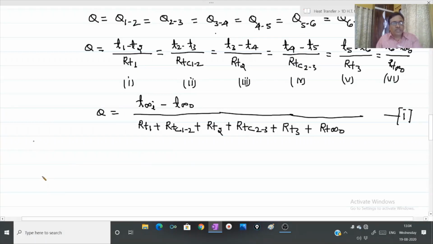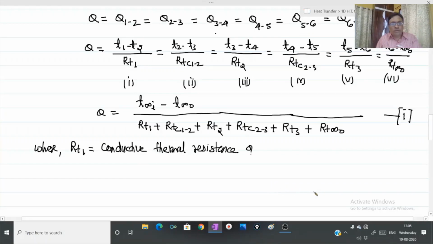Now let us start calculating RT1. RT1 is nothing but the conductive thermal resistance of the spherical vessel, and since it is of spherical shape, from the data book I can get its thermal resistance as 1 over 4 pi K1 into (1 over R1 minus 1 over R2).